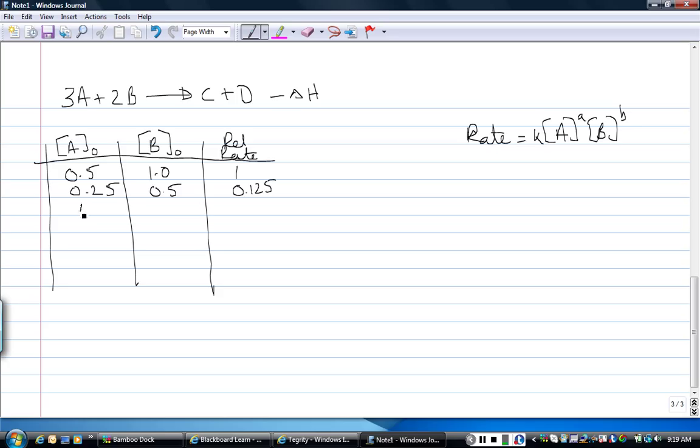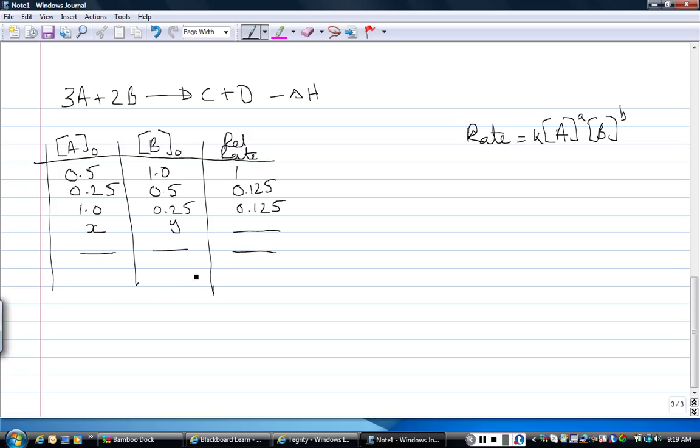Then 1.0, 0.25, in which case this will be 0.125 again. We're going to have X, we're going to have Y, you fill in the blank, and then let's do blank, blank, blank.